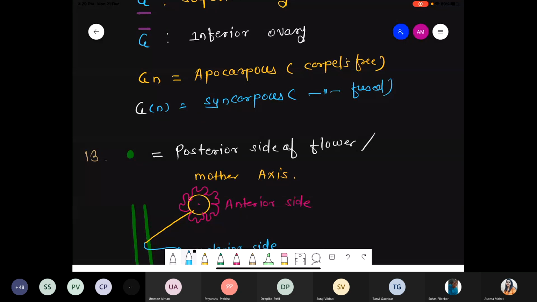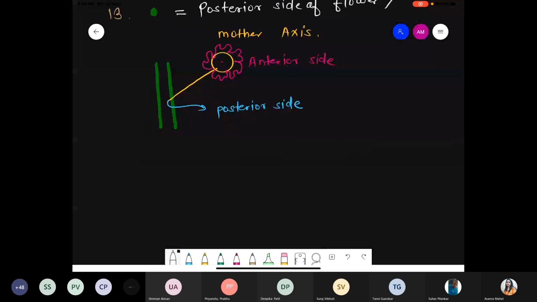Yes, any doubt from today's class? Okay, good that you reminded me about bract. Suppose when we write any symbol, there is simply BR. BR represents that a bract is present. That is a bracteate flower.